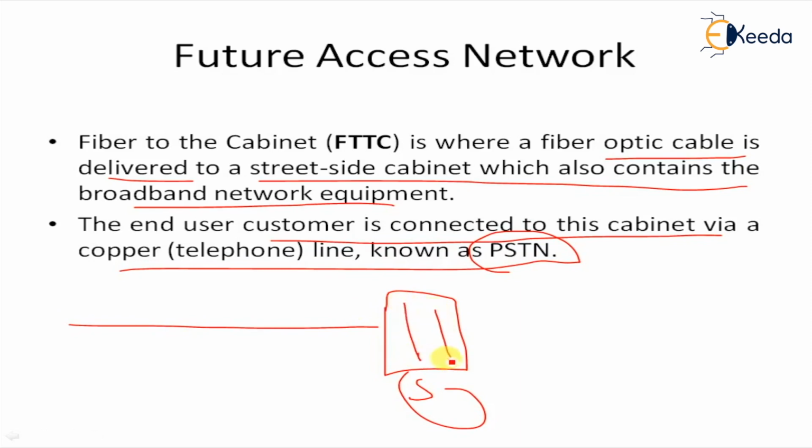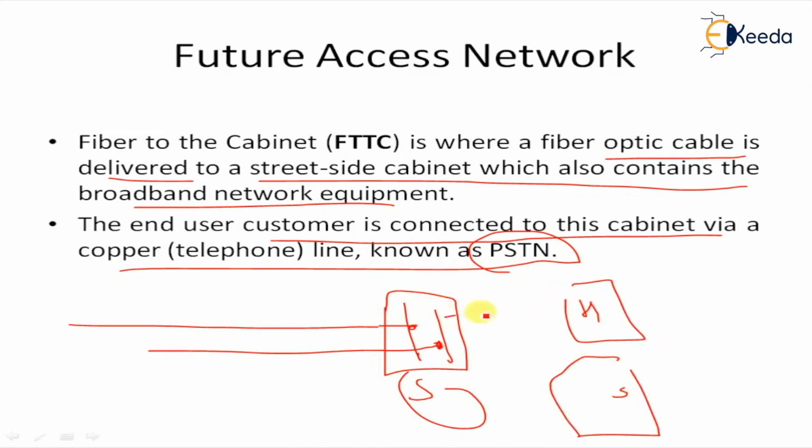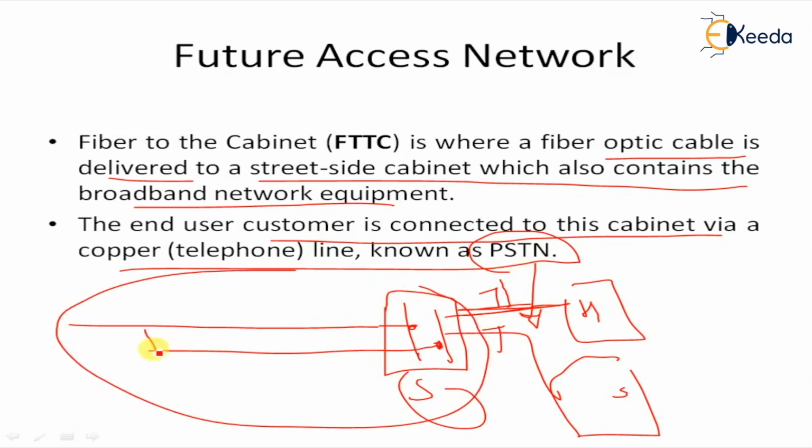They provide this connection to the particular area. Whenever a home or small business is there, they have to connect using a different kind of copper cable, twisted pair cable, or a telephone line. So it is known as PSTN. Using this facility, you connect with the fiber network. This kind of service is known as FTTC, fiber to the cabinet.